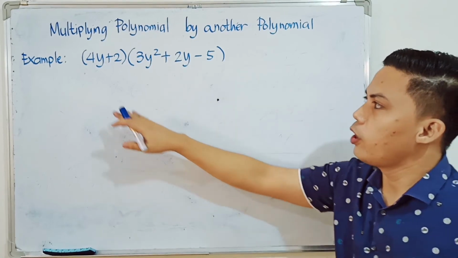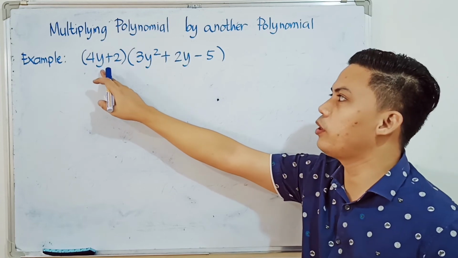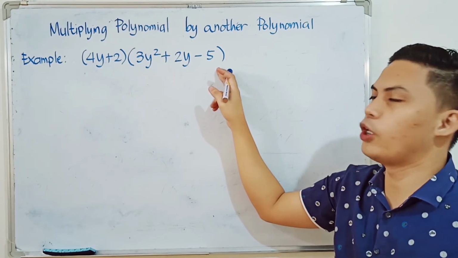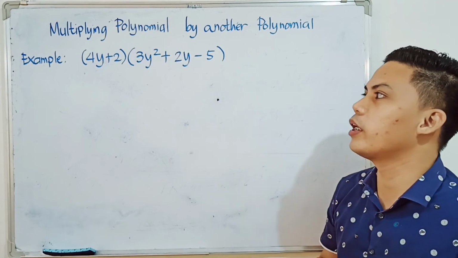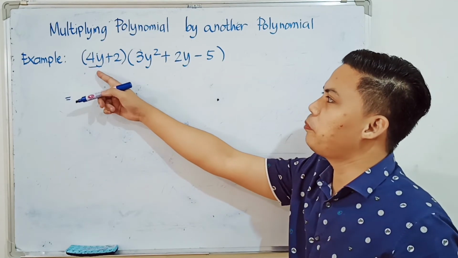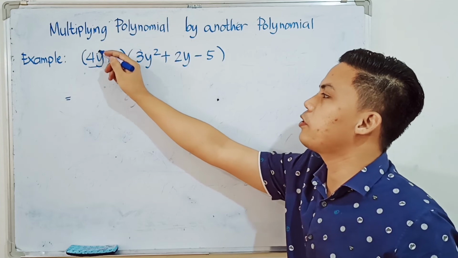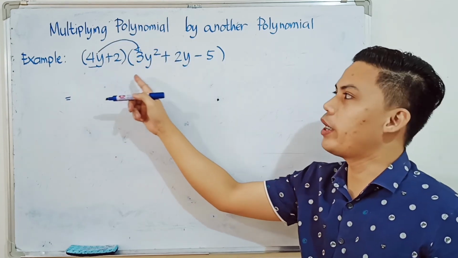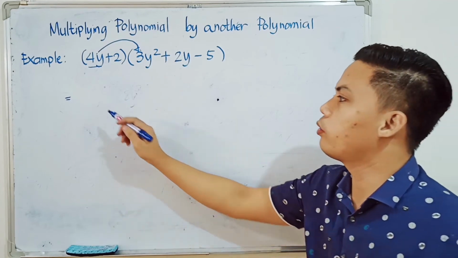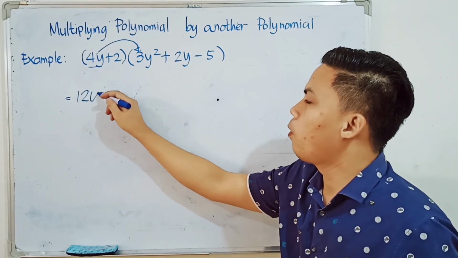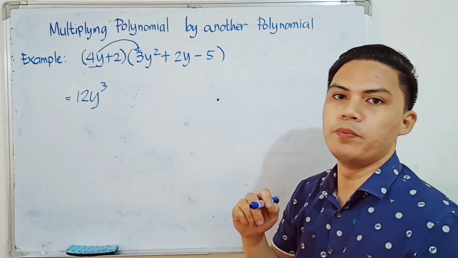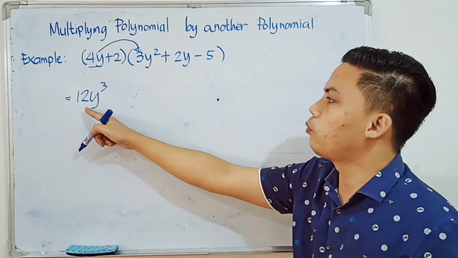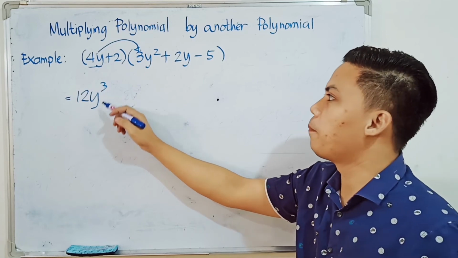So in this case, yung binomial natin, i-distribute natin sa bawat terms na nasa given polynomial natin or sa second polynomial natin. So, yung first term natin, i-multiply natin sa first term sa other polynomial. So, it would be 4y times 3y, which is equal to 12y cubed. Again, 4y times 3y squared. So, 12y cubed yung sagot niya.